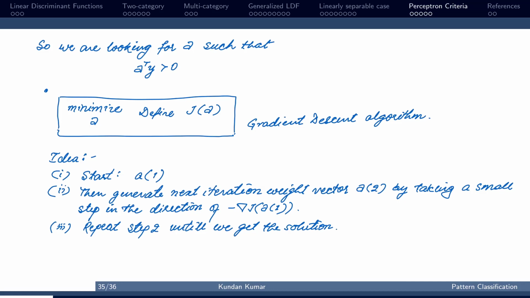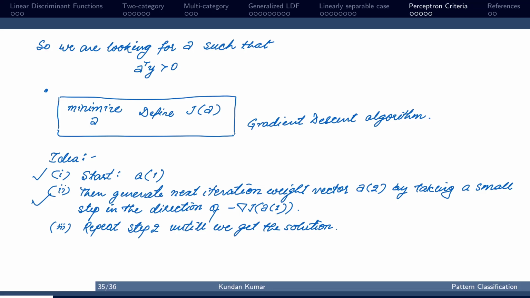So first we initialize with some random weight, and then we generate the next iteration weight vector by making a small change in the direction of the negative gradient of the criteria function, and this step will repeat until we get the solution.